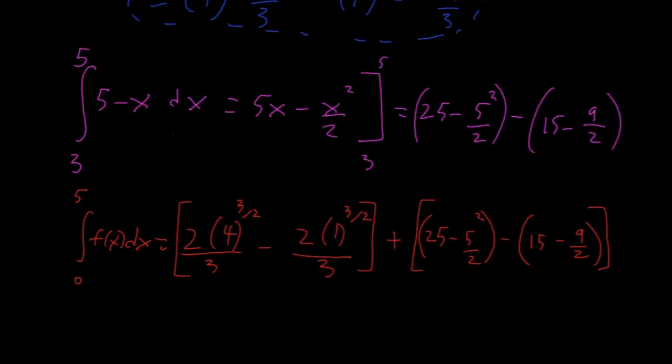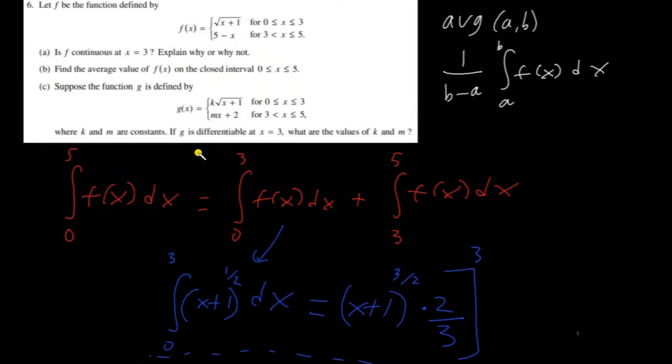So I went ahead and rewrote everything that we just did. So we found the integral, but be careful, we're not completely done yet. If we go up and look at the question, it didn't ask us to find the value of the integral, it asked us to find the average value, right? So if we look over at our definition of the average value that we remembered from our class, we take the integral and multiply it by 1 over b minus a, right?